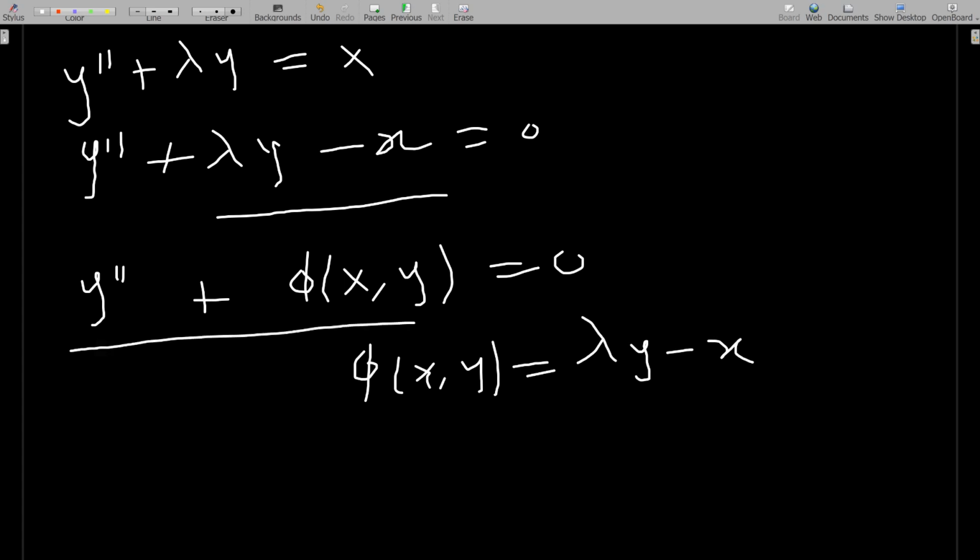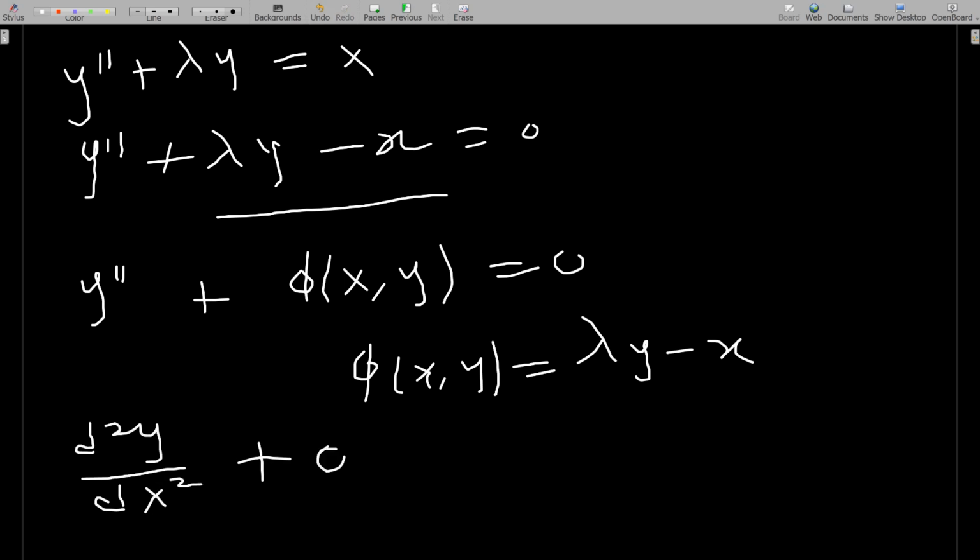So if I expand this one, from the question given, I'll have something like d squared y dx squared plus phi of x, y equals 0. So you compare this to the general form.